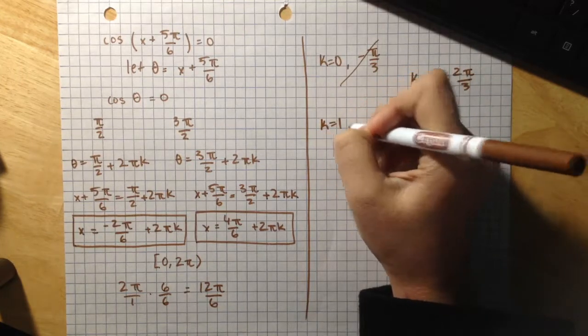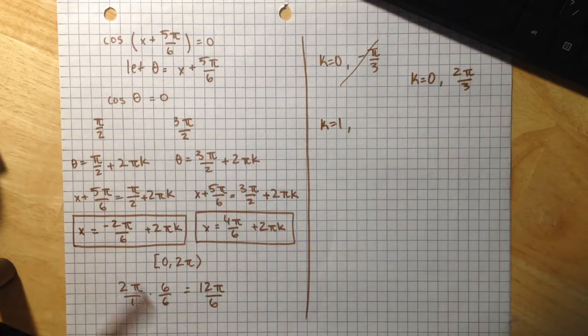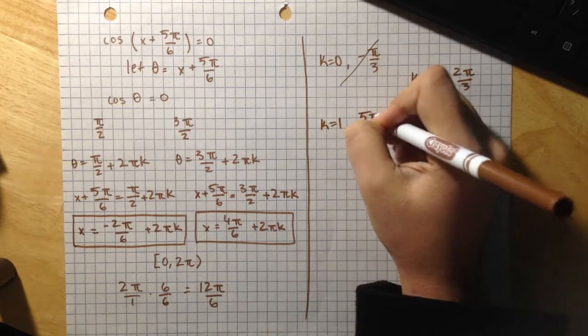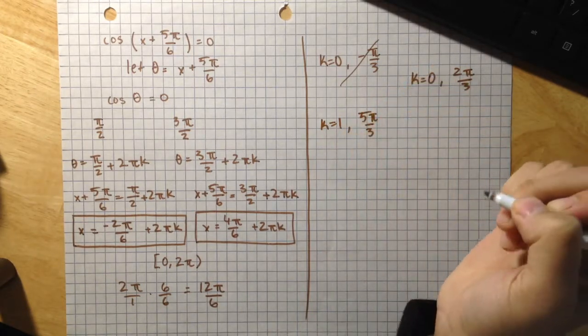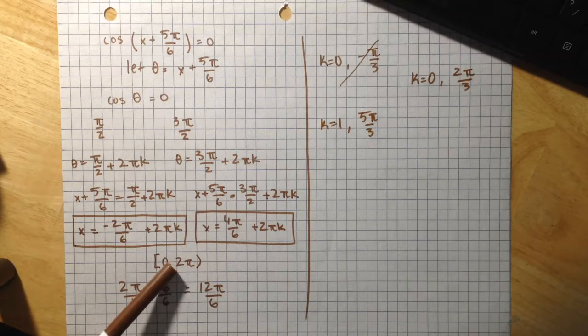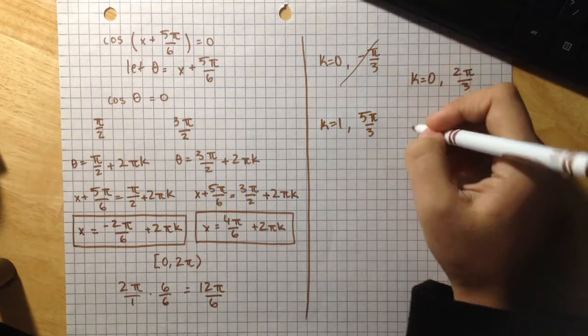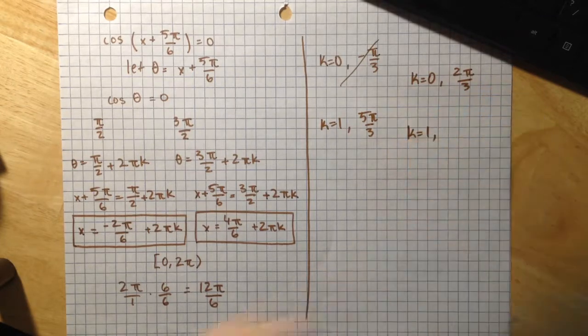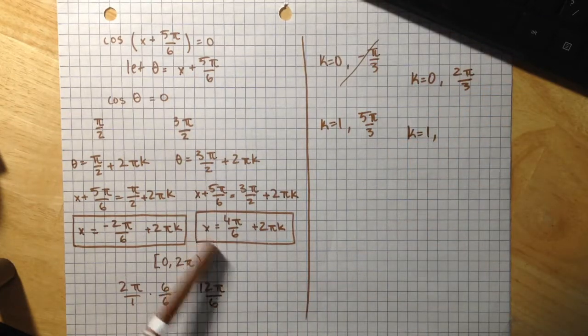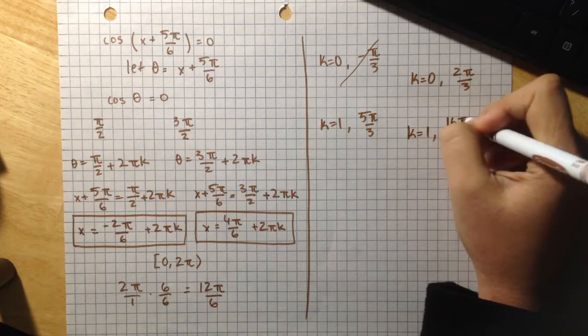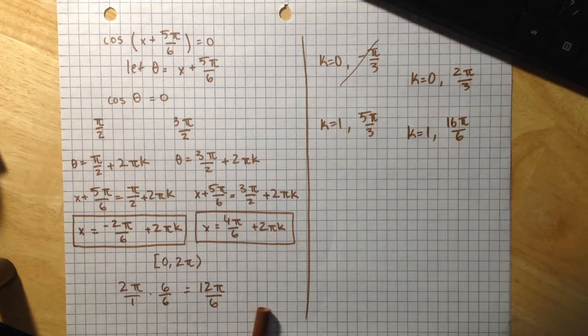If k equals 1 in this equation, we get 5π/3, which is on the unit circle, so we can use this. And if k equals 1 in this equation, we get 16π/6, which is past 12π/6. It's not on the unit circle, so we can't use this value either.